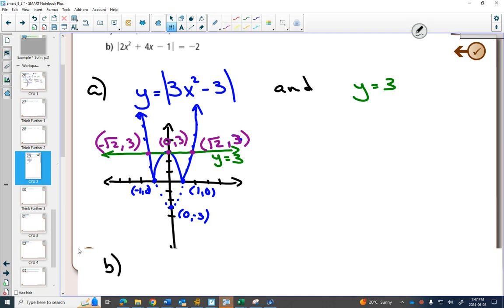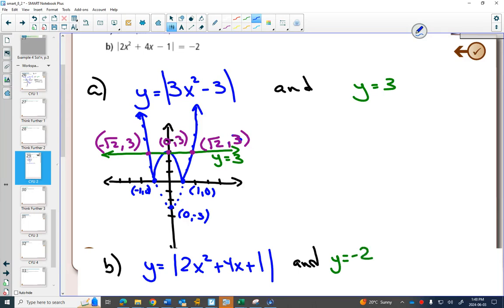So for B, you would want to graph y equals the absolute value of 2x squared plus 4x plus 1, and in green, y equals negative 2. It's the same question as your question 6b before. You can already see that there's going to be no answer to this whatsoever, but the question said, solve by graphing.